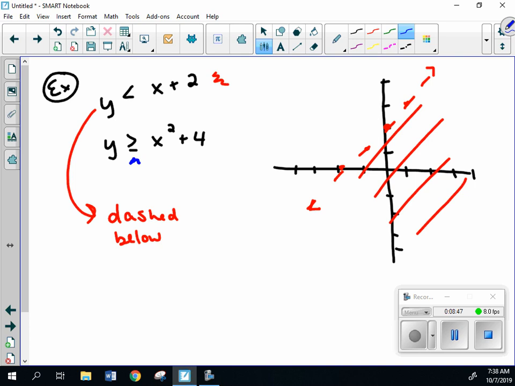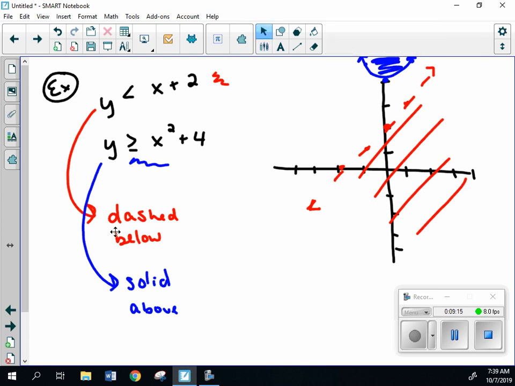Then for this one, we would graph that. Ooh, poor choice on my part. I have it clear up here. That is a solid line. And looking at this, you are shading above, which means in between. So that would be where your solutions lie. Again, shading of inequalities, we've done that before. So it's just a combination of combining them together.